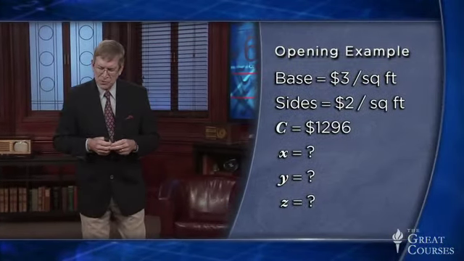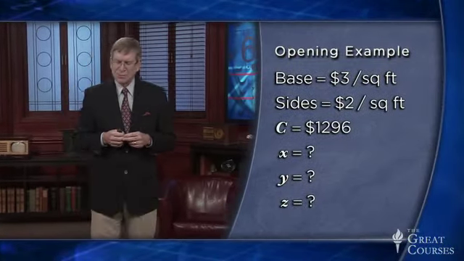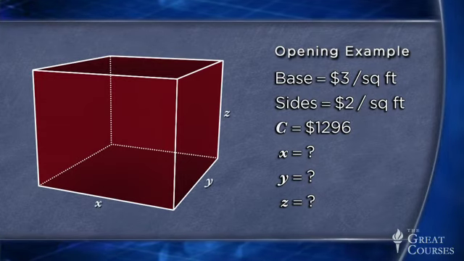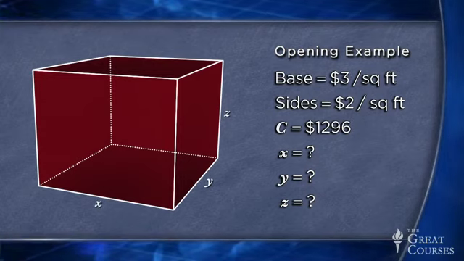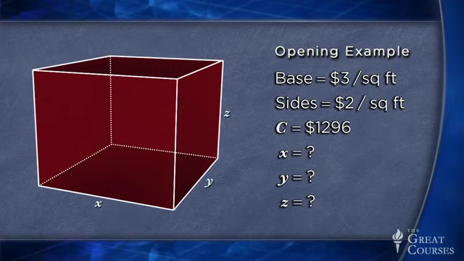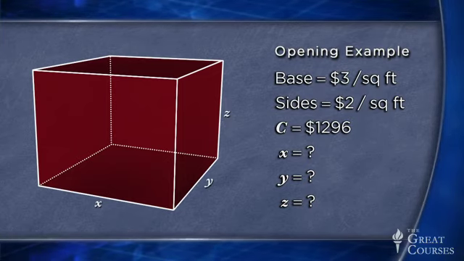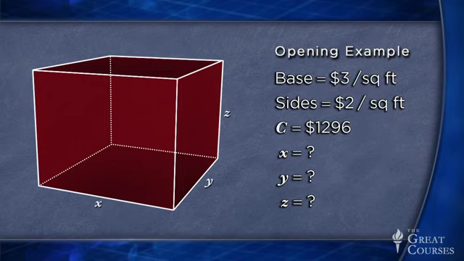All right, let's now move to our opening example. This was the problem of constructing an open box, no top, of maximum volume given certain restrictions on the cost of materials. Remember that the bottom costs $3 per square foot to construct, and the material for the sides was $2 per square foot.